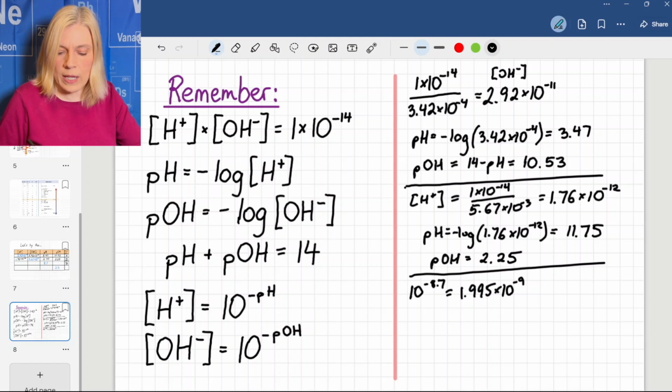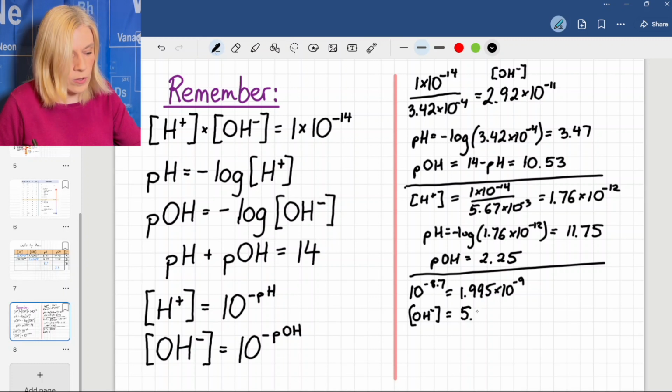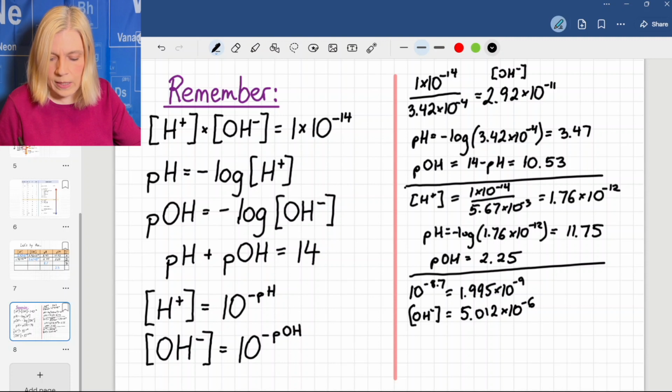And then if I do, again, 1 times 10 to the negative 14 divided by this number, I'm going to quickly get my OH minus hydroxide, 5.012 times 10 to the negative 6. And my pH was given 8.7, but my pOH, 14 minus 8.7, will be 5.3.